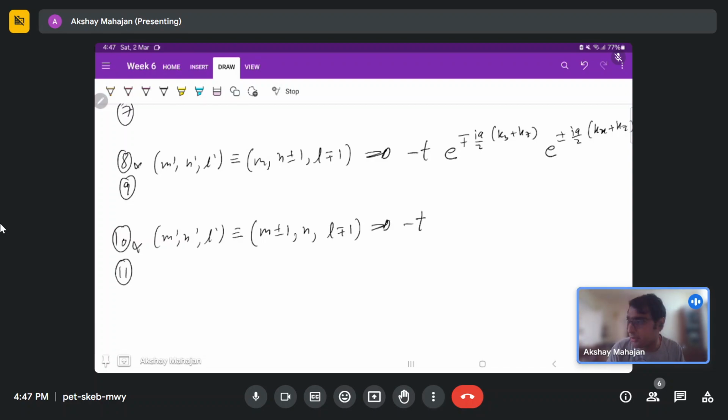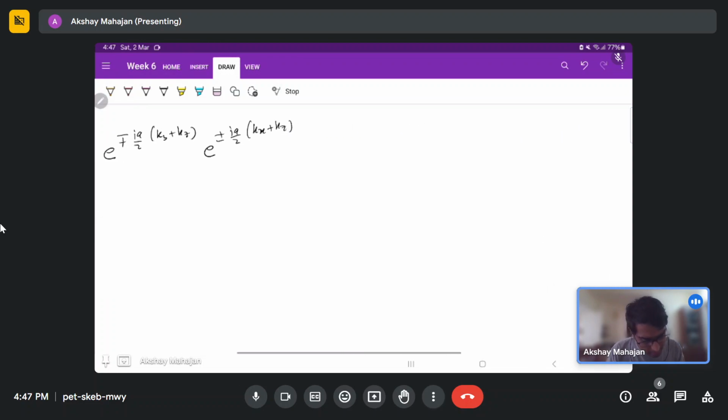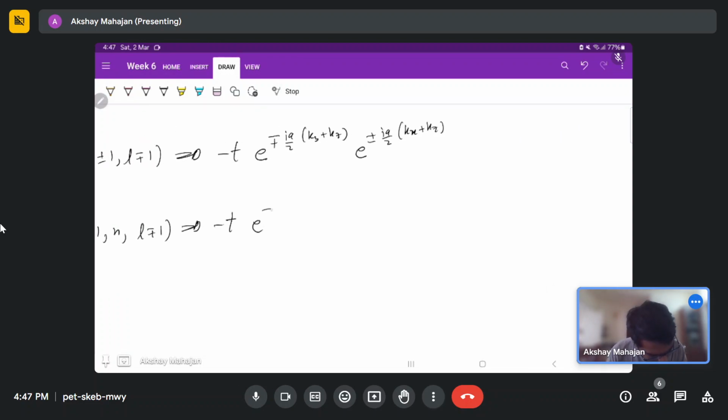That will give you minus t e to the power minus plus iota a by 2 kx plus ky and e to the power plus minus iota a by 2 kx plus kz.